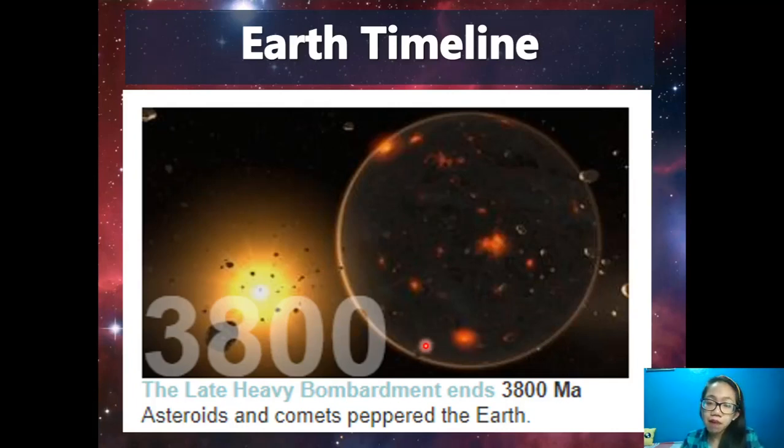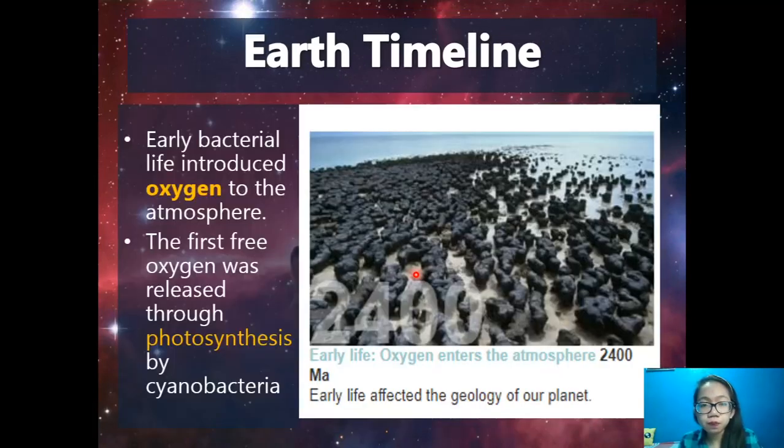And as you can imagine, since it's a young solar system, there's still a lot of rocky materials that have not been combined with Earth as of yet, or we haven't completely cleared our orbit yet. So there were a lot of asteroids and comets that peppered the Earth, which eventually became part of our planet.